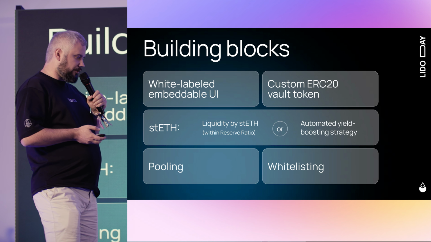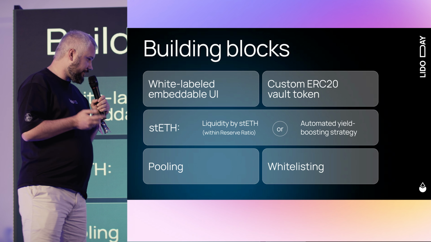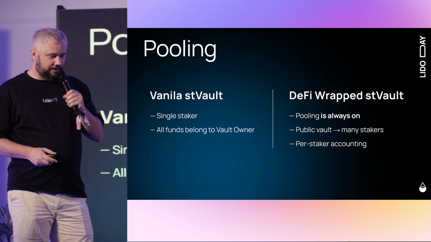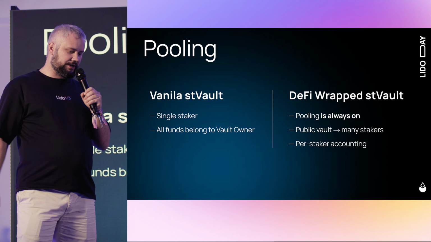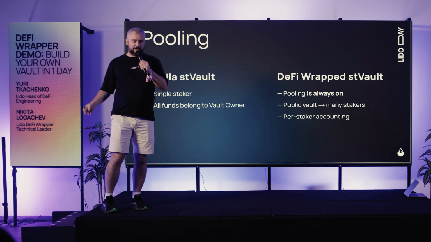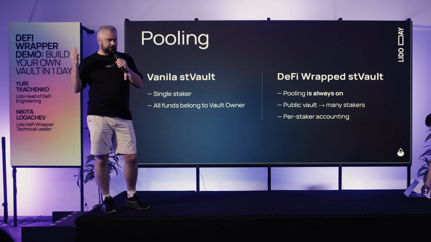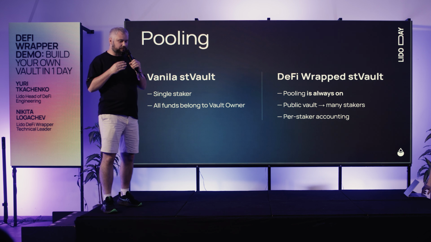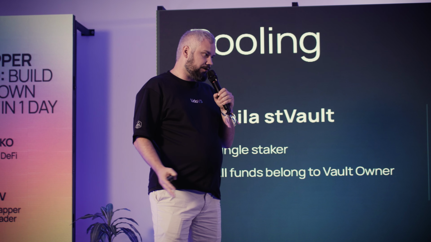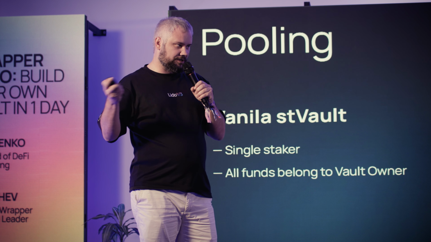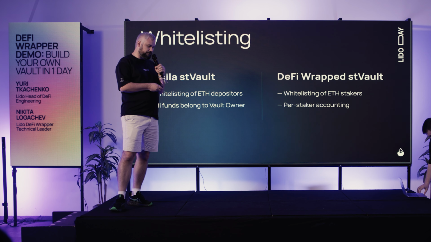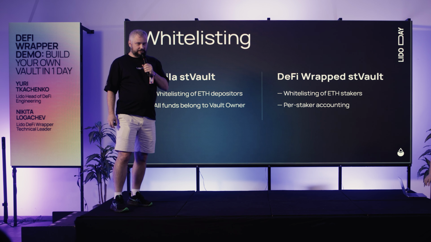So what are the building blocks that we provide in the DeFi Wrapper? First one, of course, is pooling. In comparison to the vanilla staking vault that has only a single staker and all funds belong to the vault owner, here we have per-staker accounting with pooling, so you can manage multiple user accounts on the vault. The second one is whitelisting.